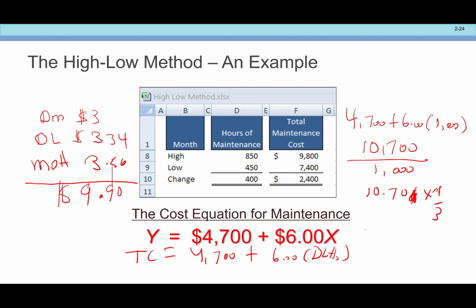We're doing this because we want to determine what our overhead rate is going to be in, say, 2018. So we assume that we are going to have 1,000 direct labor hours in 2018.